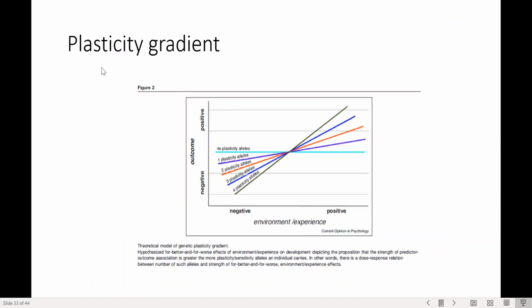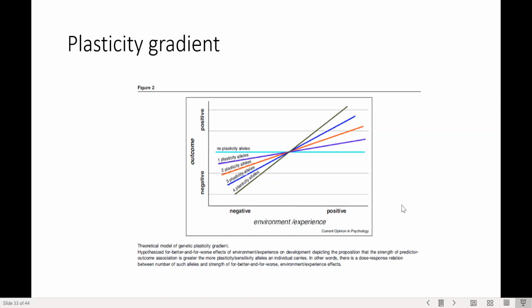And the plasticity gradient argues that the more alleles are combined in the genome of a particular individual, the stronger that gradient becomes. So there is a possibility for these genetic effects to accumulate and therefore put individuals at greater sensitivity towards the environmental gradient.